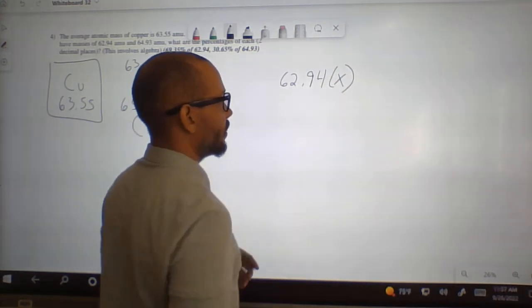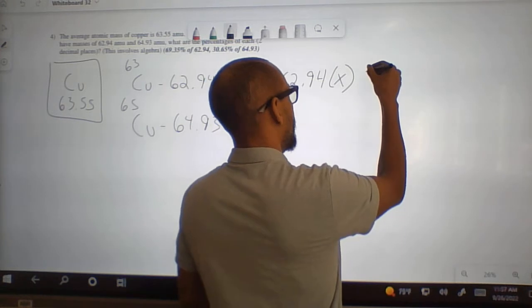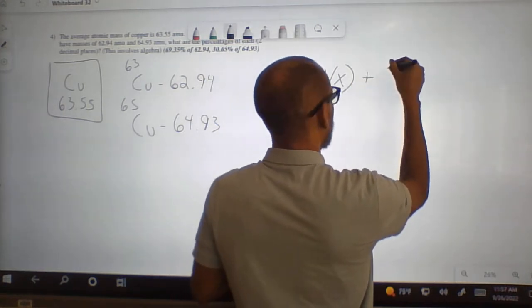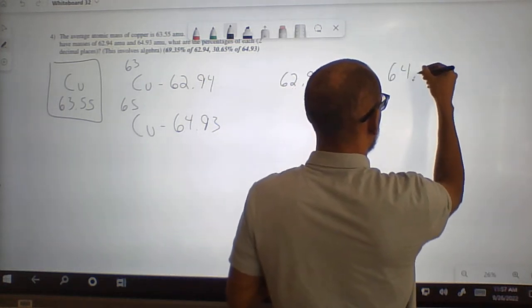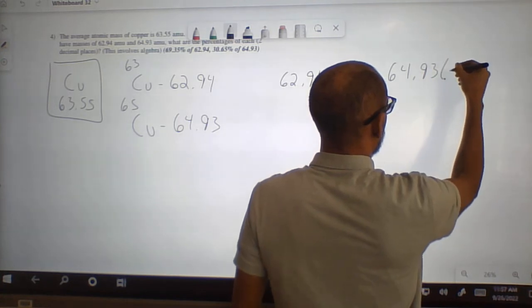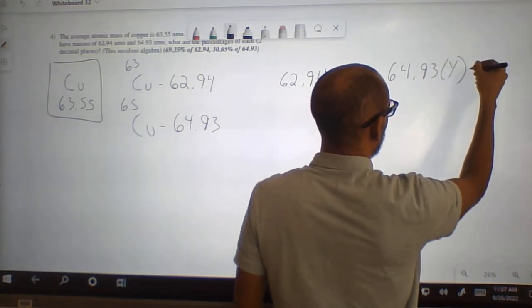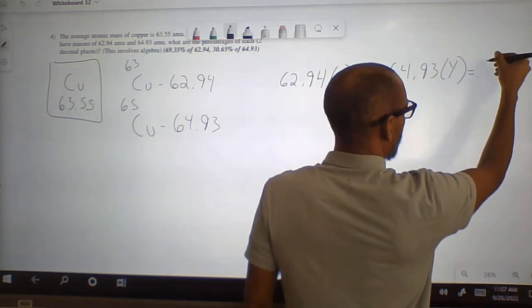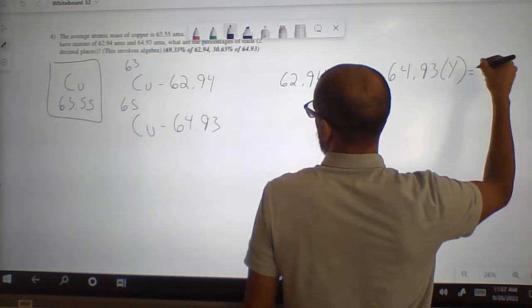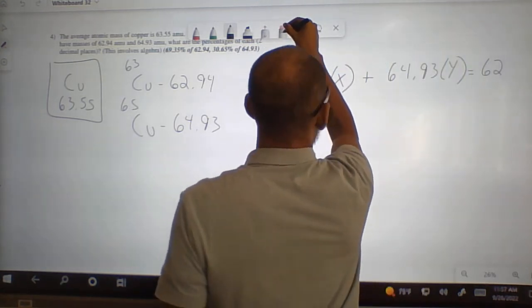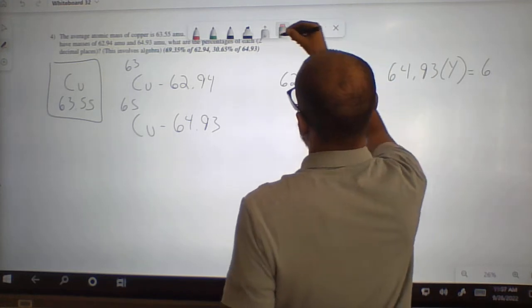We don't know what it is, just some percentage x. And then if we add that to 64.93 times some percentage y, we don't know what it is, that's okay. We should get 63.55.